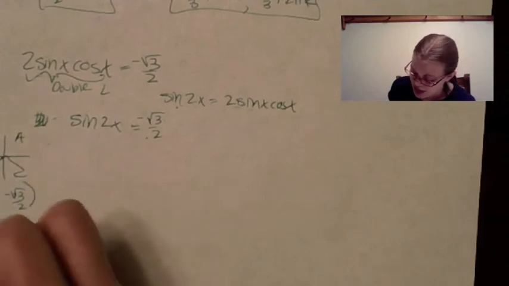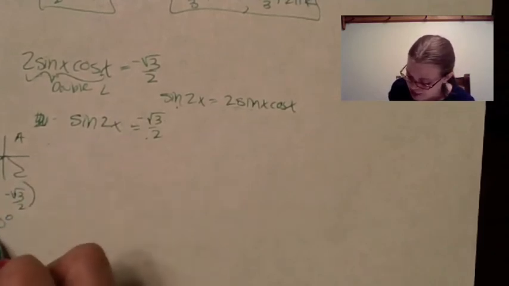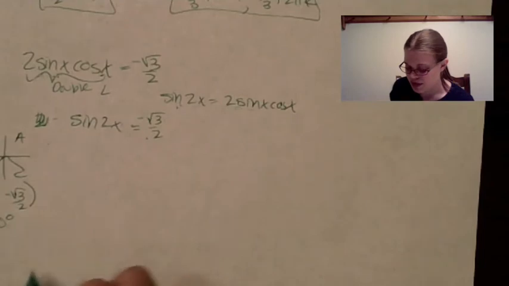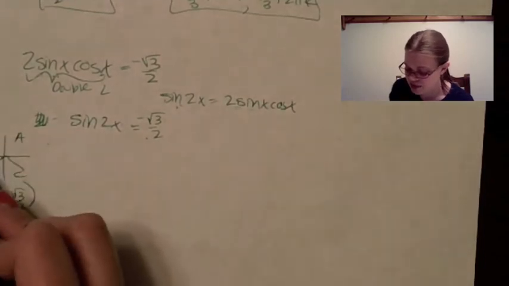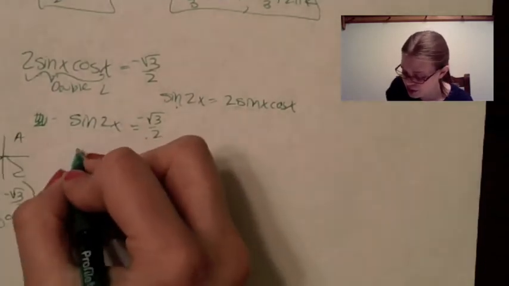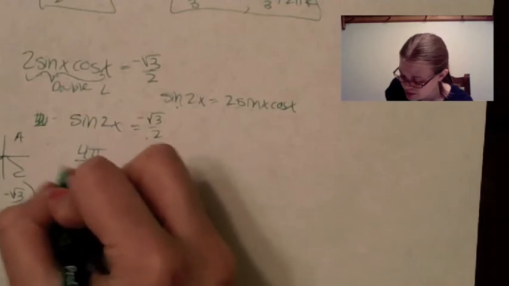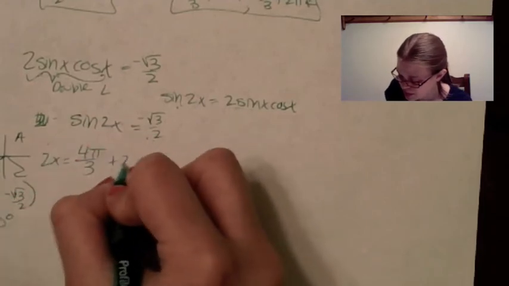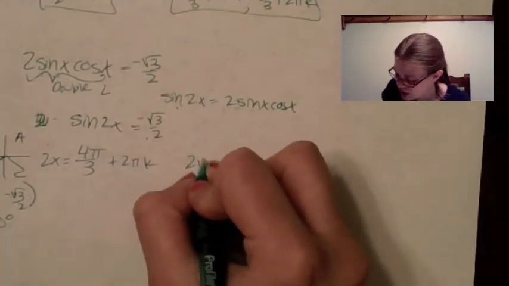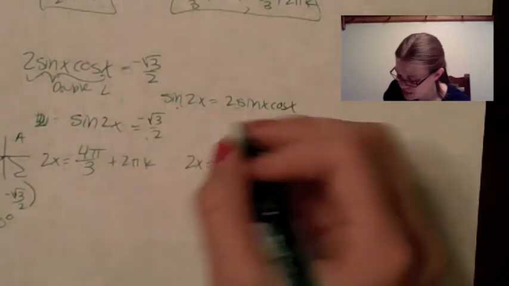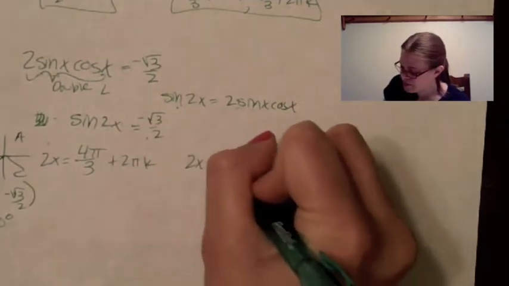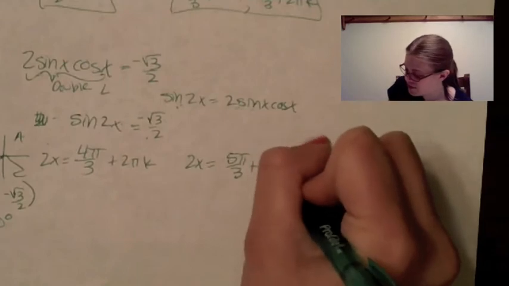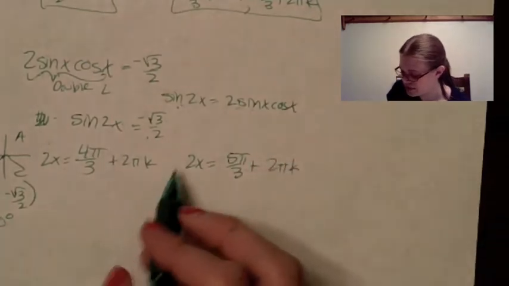That's a 60-degree reference angle because it doesn't start with √3. So 60 degrees in the third quadrant is 4 pi thirds, and in the fourth quadrant, 5 pi thirds. So 2x equals 4 pi thirds plus 2 pi k, and 2x equals 5 pi thirds plus 2 pi k.